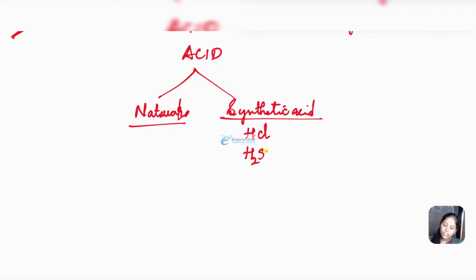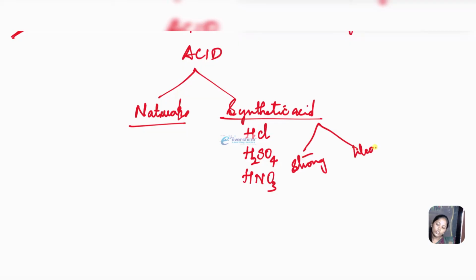For natural acids I have told you many examples. Synthetic acid examples are HCl, H2SO4 and HNO3. Synthetic acids also have two types: strong acids and weak acids.